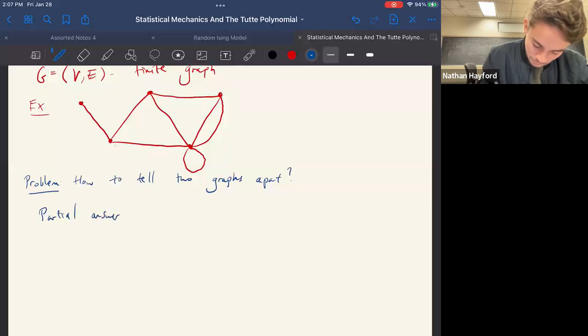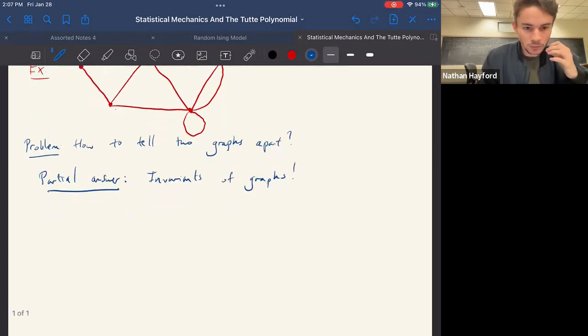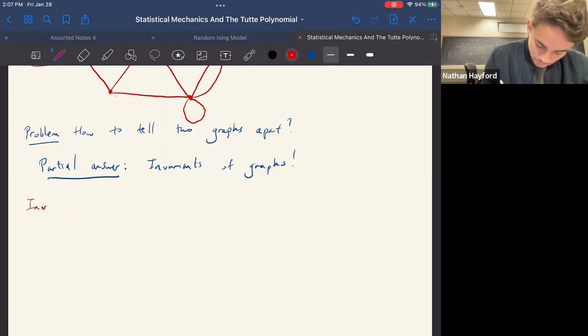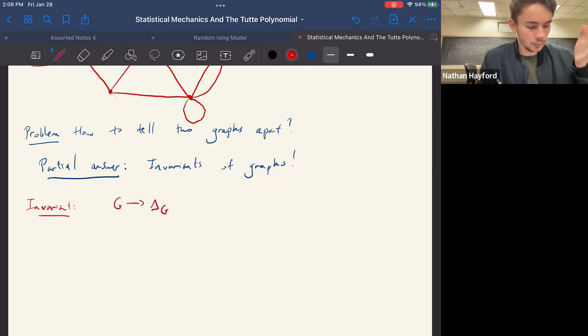The way to distinguish two graphs, or one way to distinguish two graphs, is to find invariants of the graph. So what is an invariant? Well, an invariant is an object for which, to the graph, I associate an object, delta G. This could be a number or a polynomial or a vector or something.